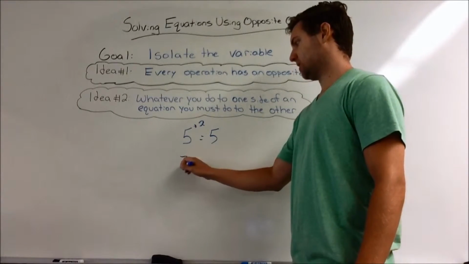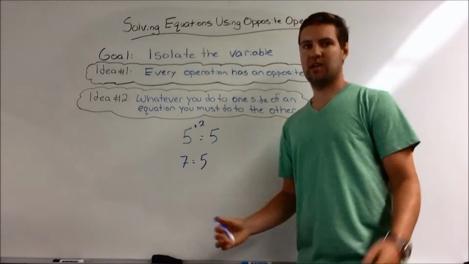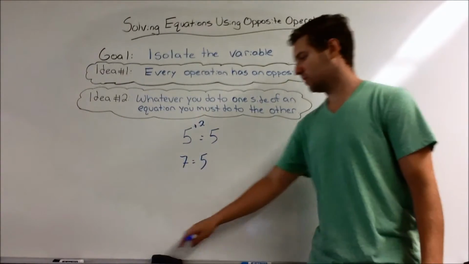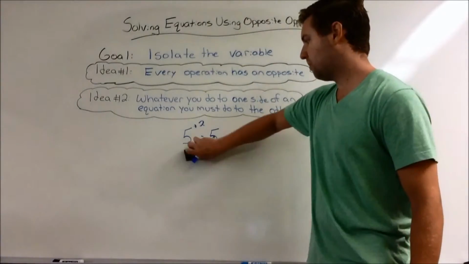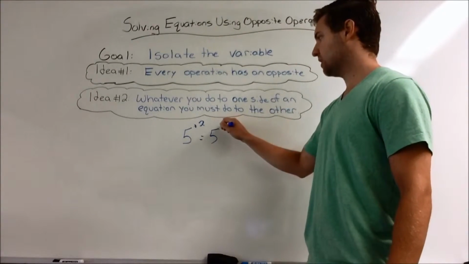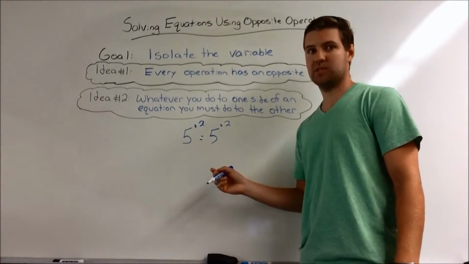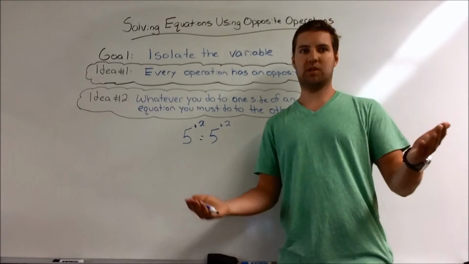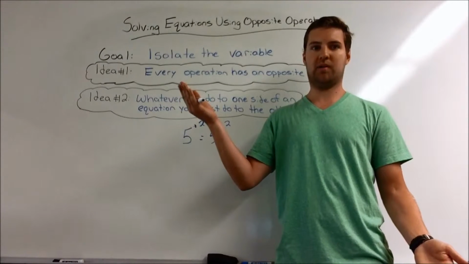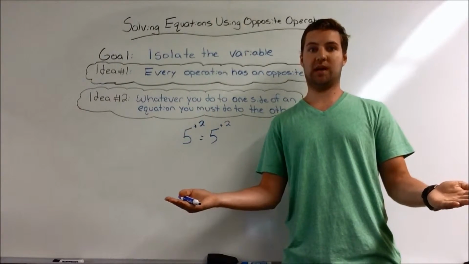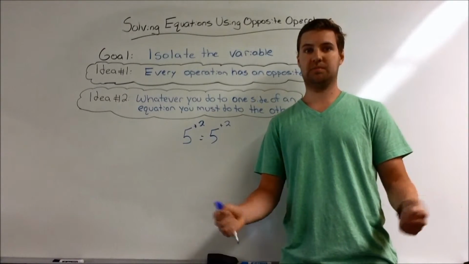Now our equation says 7 equals 5, and we are out of balance, because 7 doesn't equal 5. So we can't do that. But if we also do it to the other side of the equation, we're still in balance. 7 still equals 7. So if you add something to one side of your equation, you become out of balance. But if you do the same thing to the other side of the equation, you're still in balance, and it's still an equation.